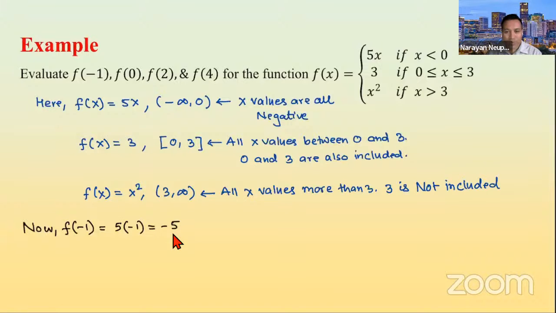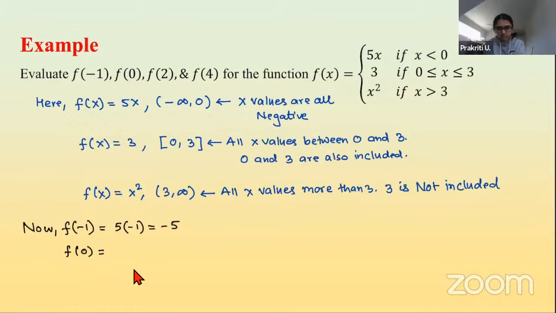So we did the first one. Now, the second one is f of 0. Now, let me see who I can ask. Prakriti, could you please unmute yourself and tell me in which interval do we have 0? 0 is included in which interval?